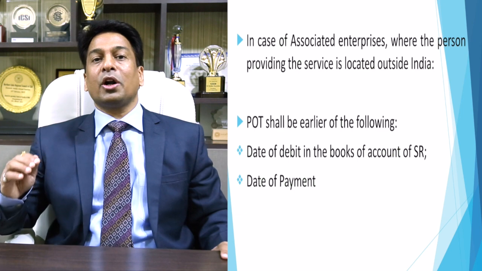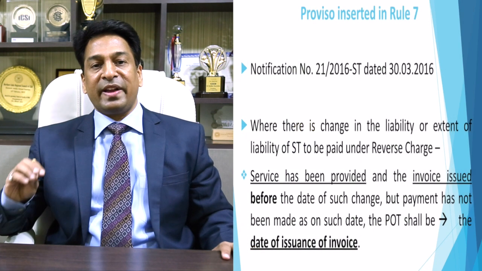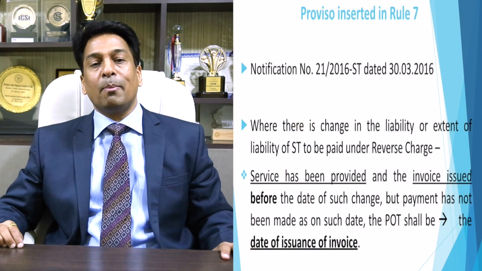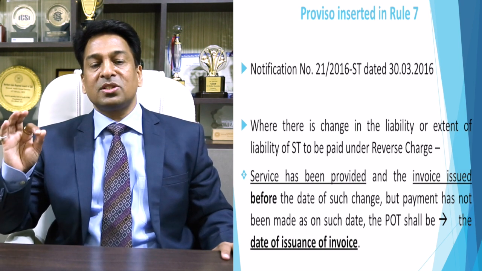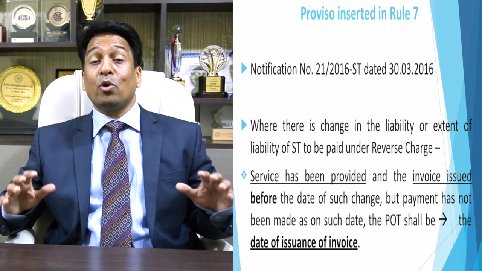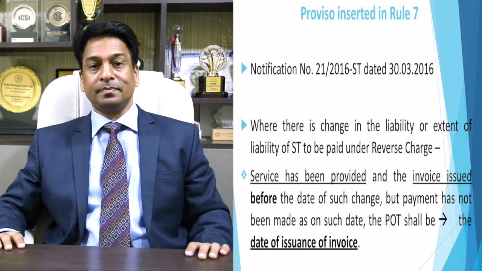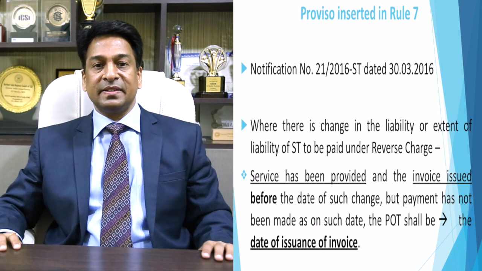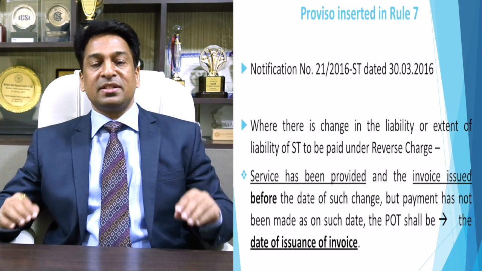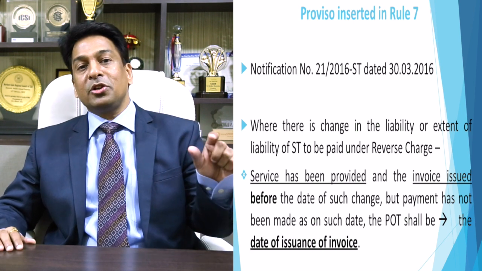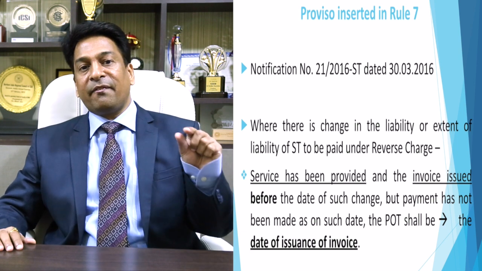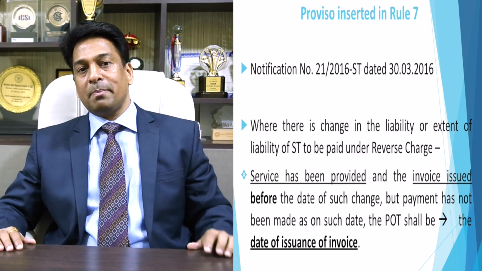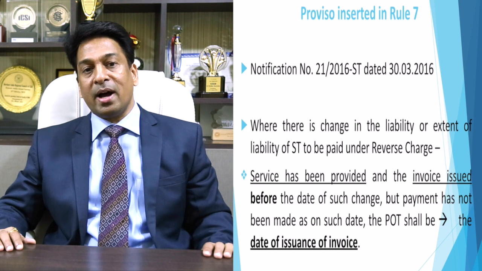Now a proviso got inserted by notification number 21/2016 dated 30th March 2016. And what this proviso says? This proviso says when there is change in liability to pay service tax under reverse charge or extent of liability to be paid by service receiver under reverse charge.